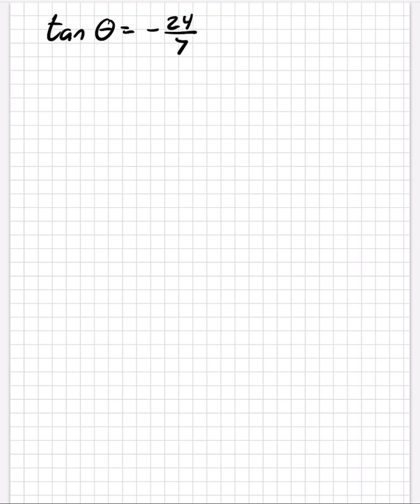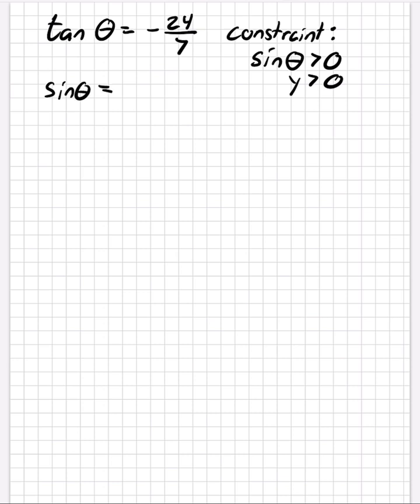Okay, and we're going to make a constraint to limit our possibilities and say that the sine of theta will be positive, meaning y is positive. Okay? And our goal is to find out, well, what is the value of the sine of theta?